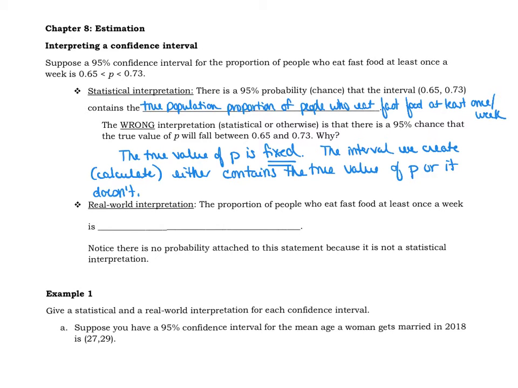So this would be: the proportion of people who eat fast food at least once a week is between 0.65 and 0.73. And you would just leave it there. Again, no probability attached to this statement because it's not a statistical interpretation. This is just your everyday vernacular interpretation.